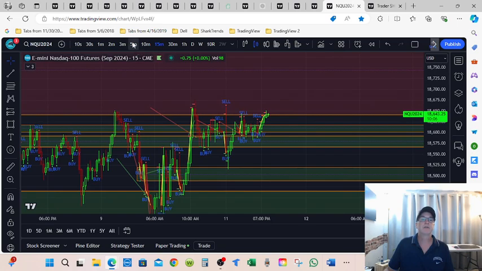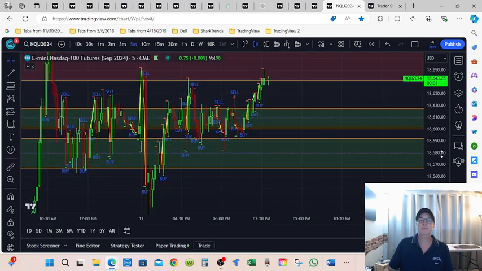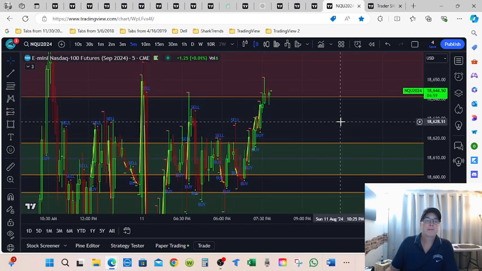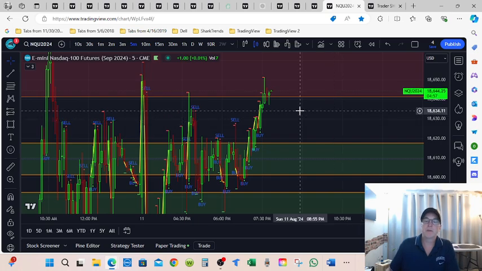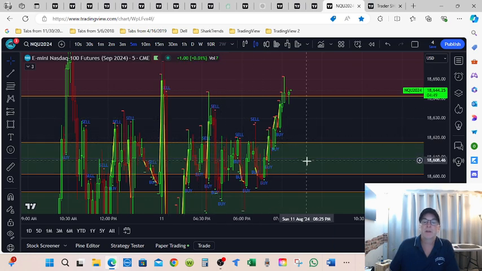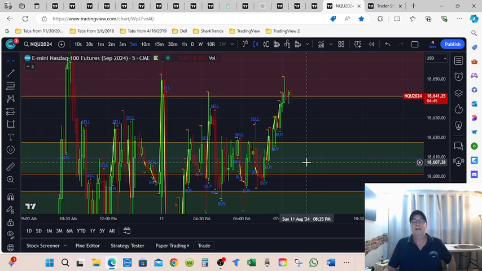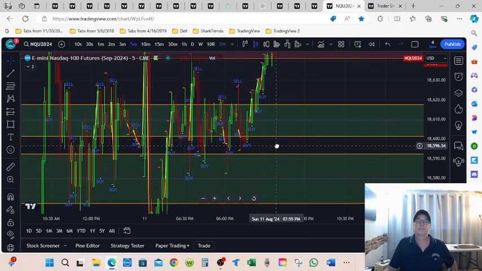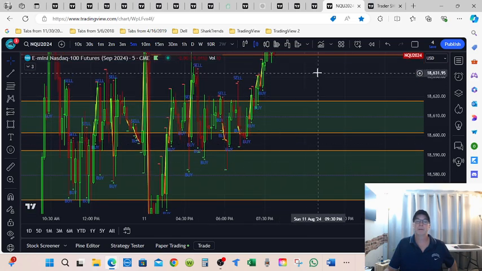So let's take this down to a 5-minute. And really what I'm doing is setting this up for the morning trading time. I do not have any buy side liquidity down here. Look at this. There's no buy side liquidity, which means the price can trade all the way back down to or through this line as a wick until we get a move higher.